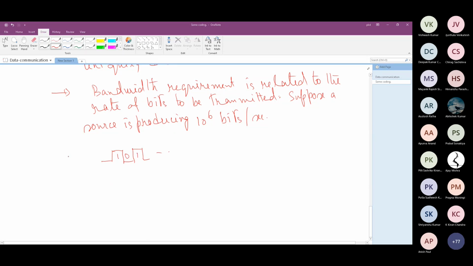Suppose it is like this, and 10 to the power 6 bits are coming per second. Therefore this becomes a 1 microsecond interval. Now, this is the source side I am sending.